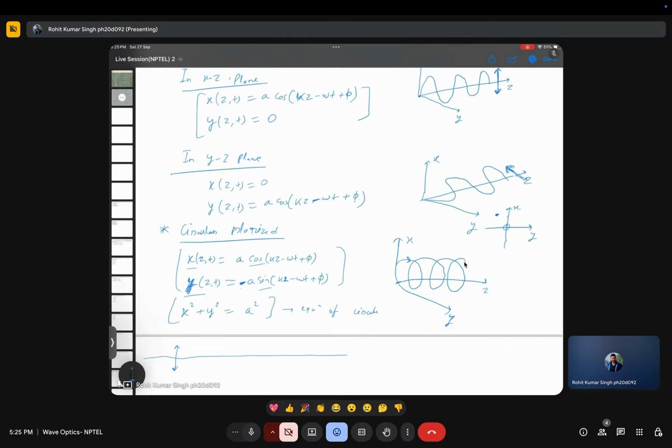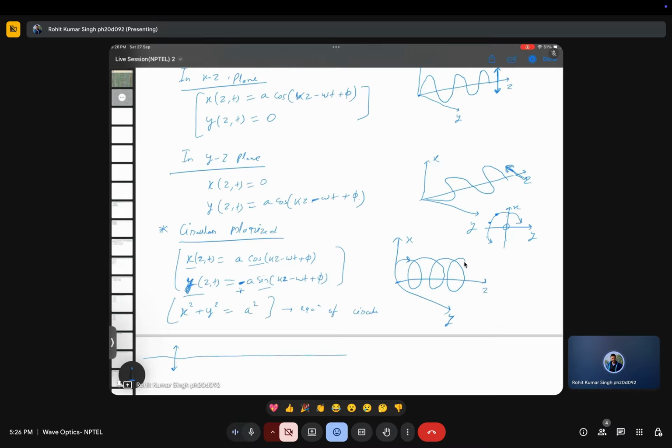Then in the next time you will have x more positive, or you will have the next point here and so on. So you will see a counterclockwise rotation, and if it is a plus sign here, then you will get a clockwise direction. So it is just the direction of rotation.